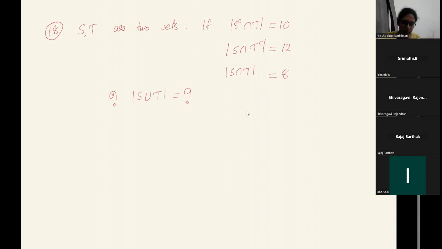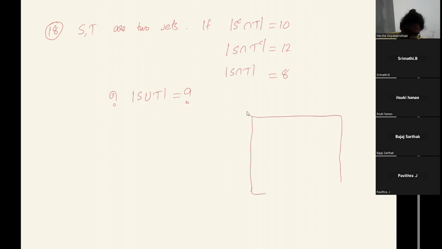Can anyone answer this question? How can we approach it? Just with the help of a Venn diagram, we can solve it step by step. Yes, okay, let's draw the Venn diagram.